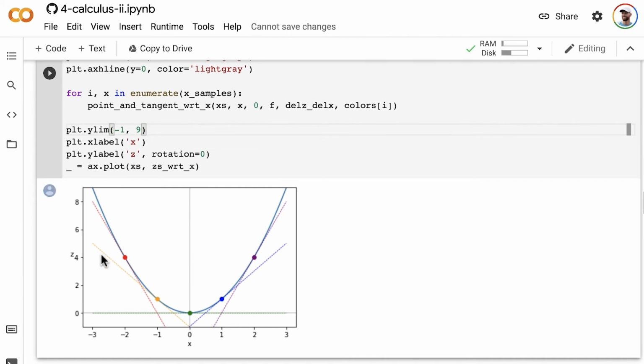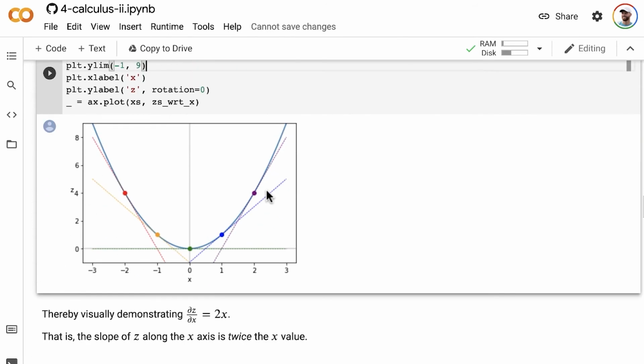So again, our x and z axis labels. And we can see here clearly that we have the same plot that we had in the slides. And this plot visually demonstrates how the partial derivative of z with respect to x, del z del x, is equal to 2x. So the slope of z along the x-axis is twice the x value.